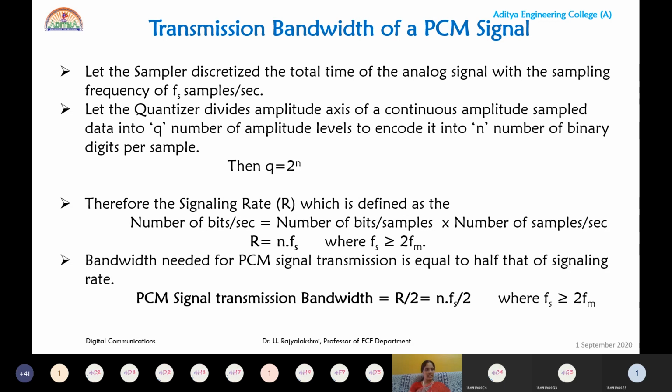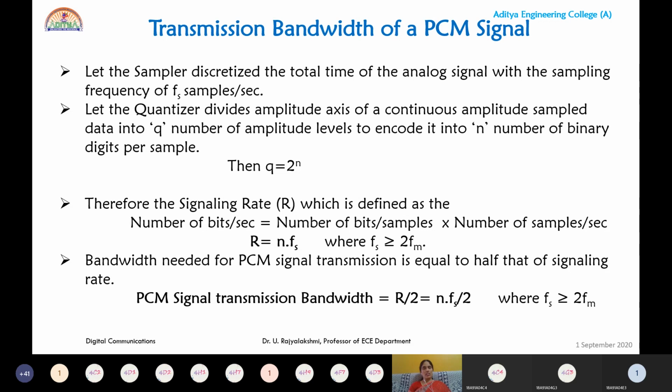Fs should be greater than or equal to 2Fm to overcome the overlapping of higher frequency components with low frequency components. So the PCM signal bandwidth equals R by 2 or N Fs by 2, or it is greater than or equal to N Fm.